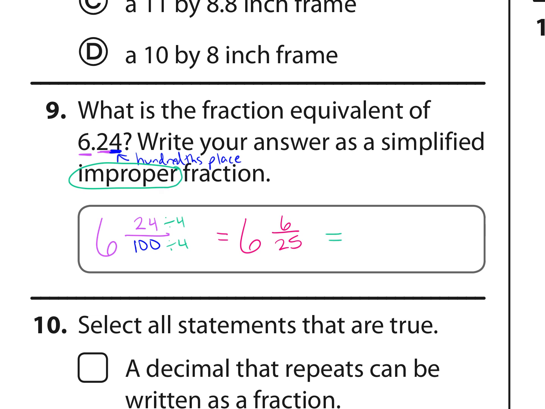So we could find out how many groups of 25 are in this whole number 6, which to do that we can just multiply 25 times 6, which is 150, plus the remainder 6, which is 156, and that's over the same denominator 25 that didn't change, and we are done there.